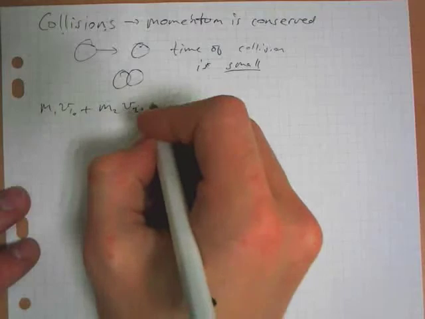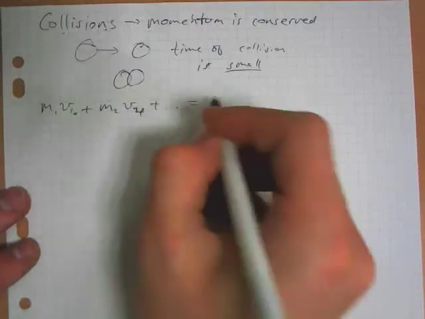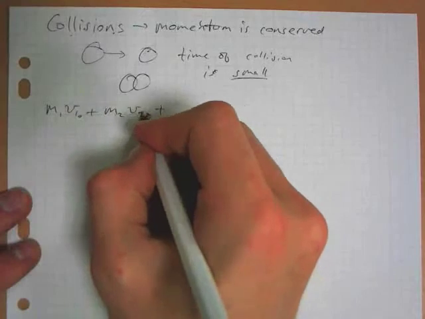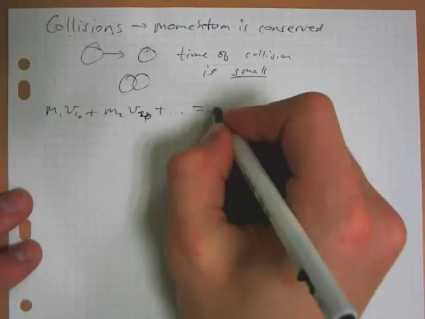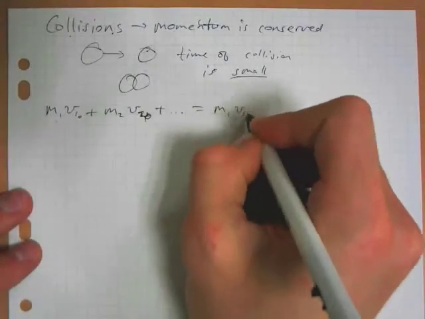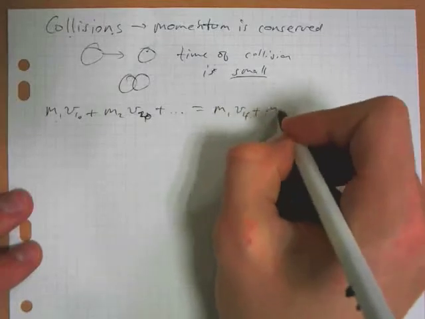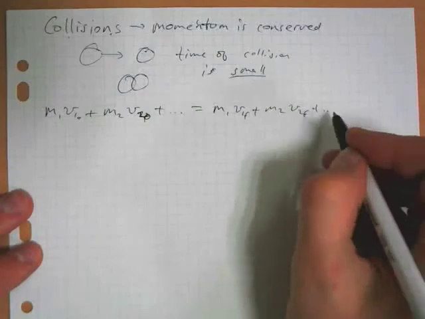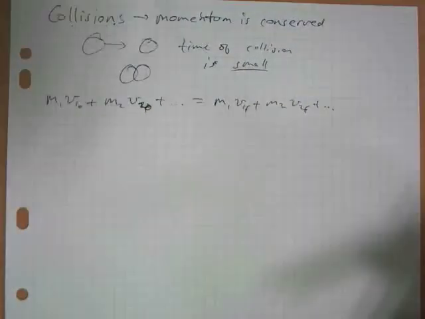So our two objects, in theory there could be more objects, but the momentum of our objects initially is equal to the momentum of our objects after the collision. That total momentum is conserved.